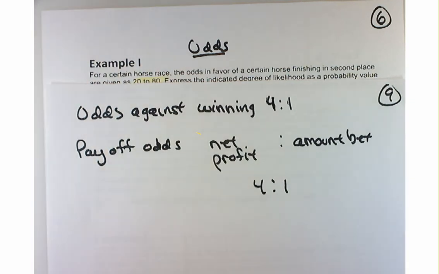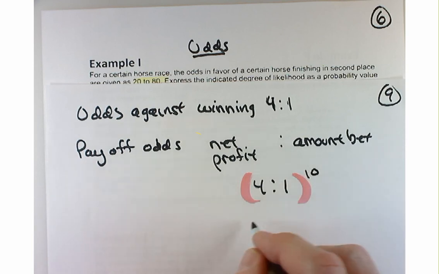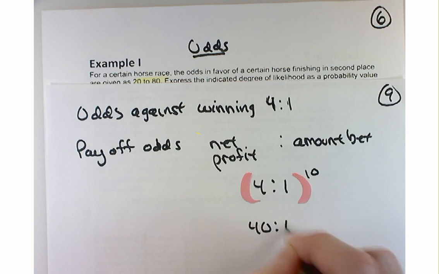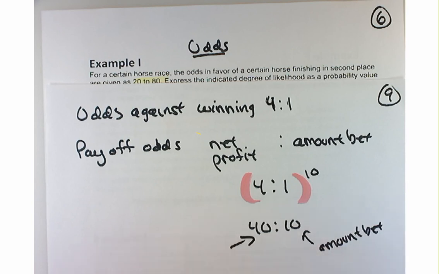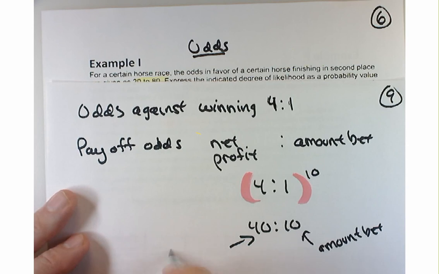And I'm going to treat these dots as kind of like an equation, like an equal sign. So I'm just going to multiply both sides by 10. So this is my amount bet, and this is the net profit.